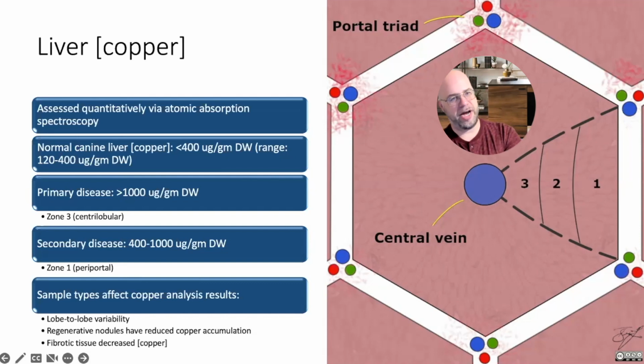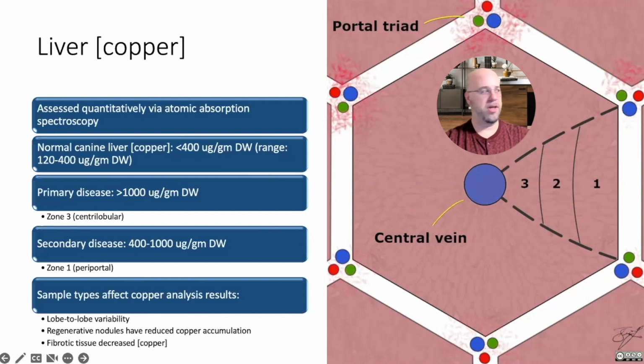So you see most copper around the centrilobular or zone 3 region. In contrast, secondary disease is associated with a copper concentration between 400 and 1,000, and it has a periportal or zone 1 predominant distribution. And unfortunately, there are some things that affect concentration results.